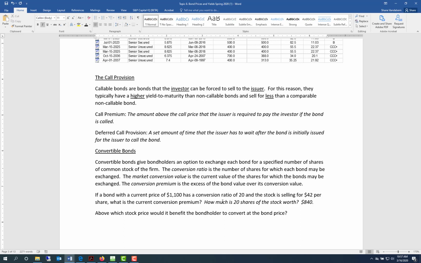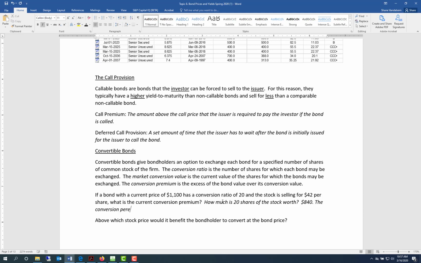So the conversion premium is going to be the difference between that $1,100 and that $840. Or $260.